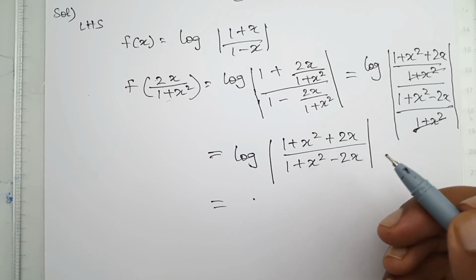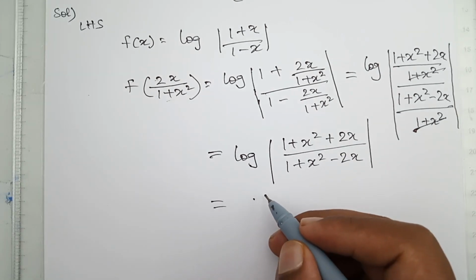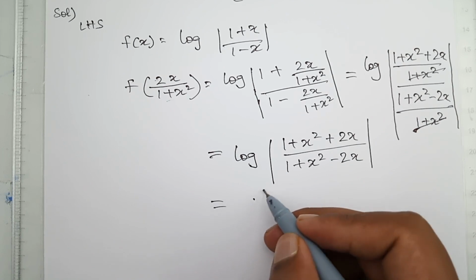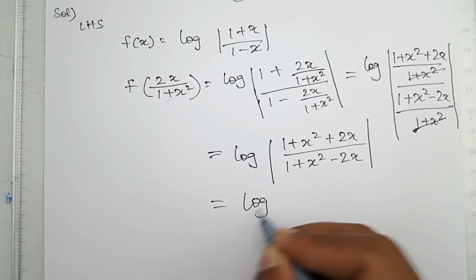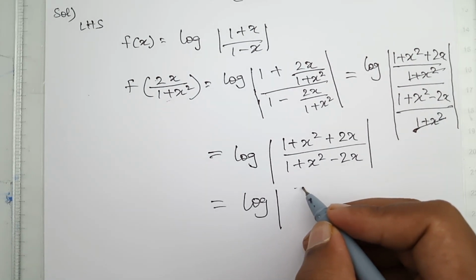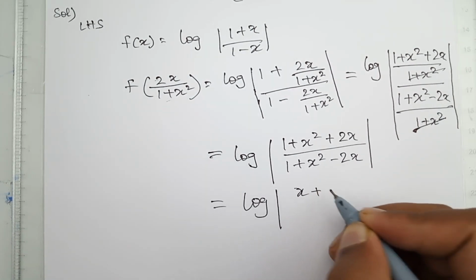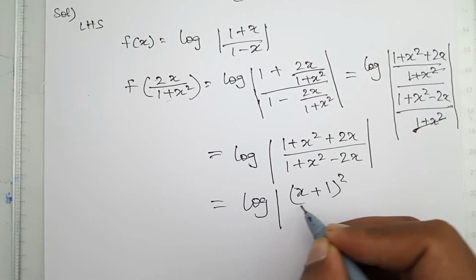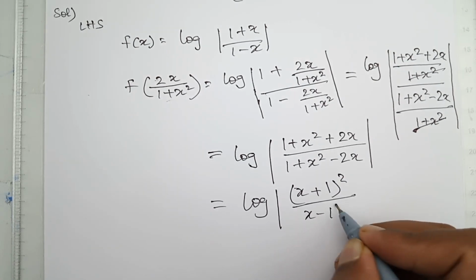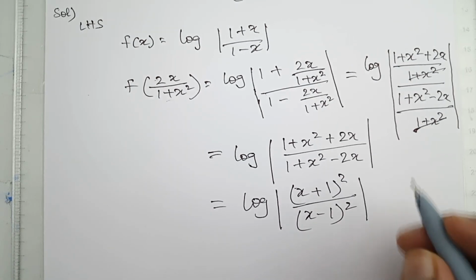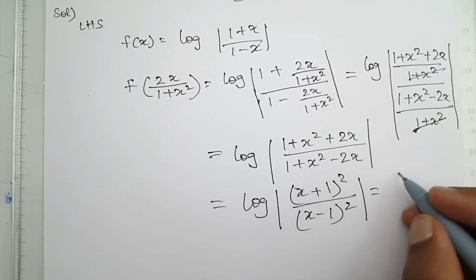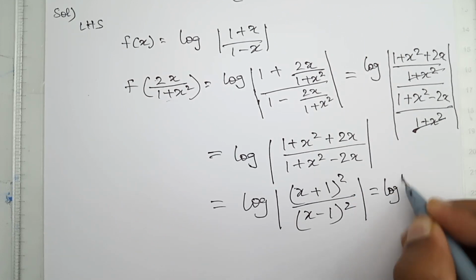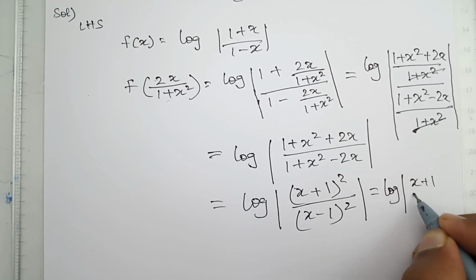Or 1 plus x whole square, anything it may be. Okay, it is in the form of a plus b whole square, and here a minus b whole square. So let's take it log in the mod x plus 1 whole square by x minus 1 whole square. Okay, in the next step we will take it totally in whole. So log mod x plus 1 by x minus 1 whole square.